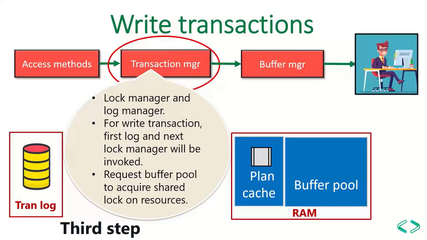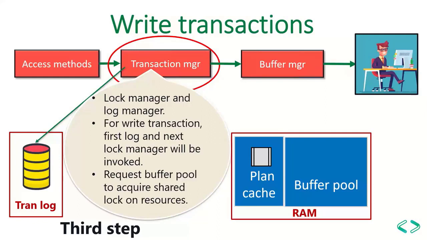Because this is a write transaction, before writing anything onto the database files inside the buffer pool, first we have to write those changes into the transaction log. Once those changes are written to the transaction log, then the transaction manager will invoke the log manager part of it, and it will request the buffer manager to put an exclusive lock on the resources that it needs to process the query.